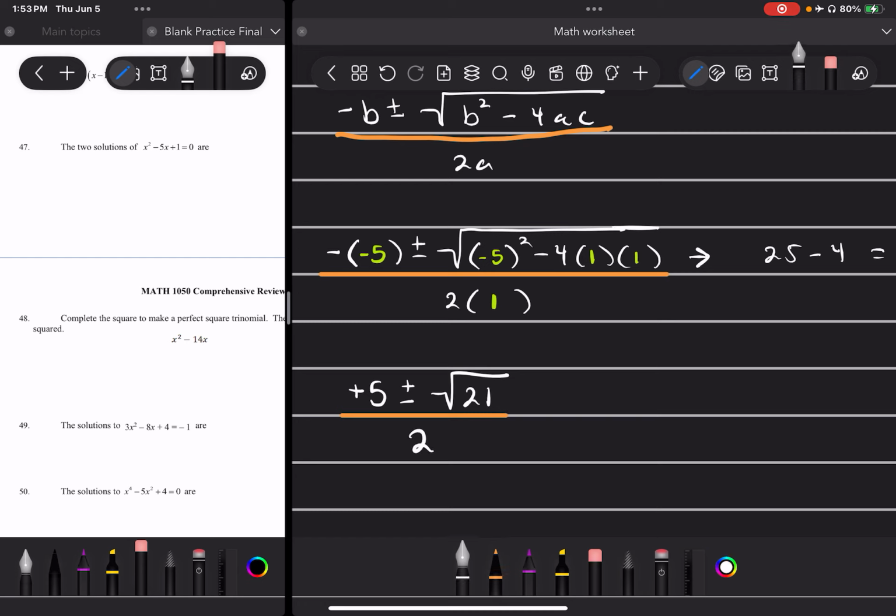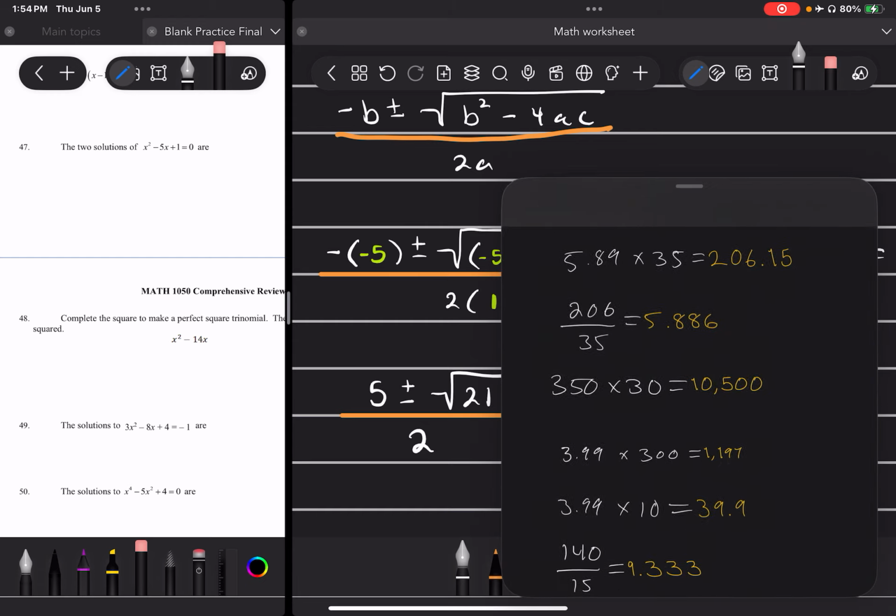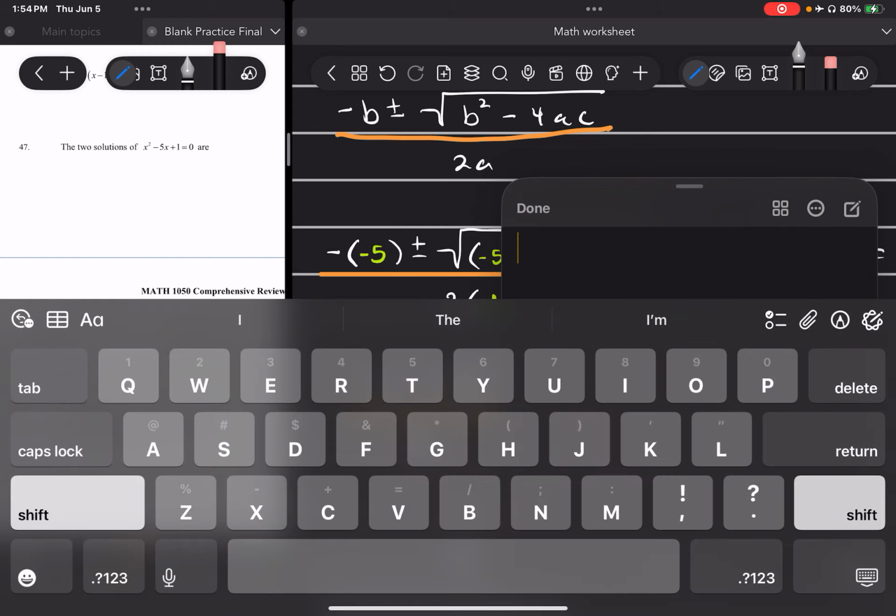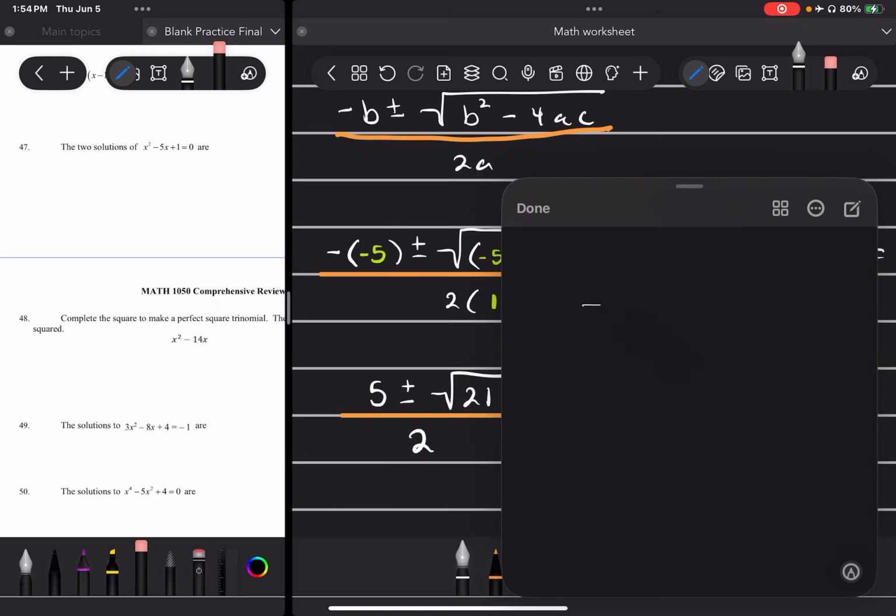This is as far as we can get with this particular question on the final. It's just going to ask us to do this. Of course, you don't need the positive here in the front, but I put it there for explanation. So we have 5 plus or minus the square root of 21, over 2. And this is not a number we could guess, because the square root of 21 is a really ridiculous number, which is 4.583.